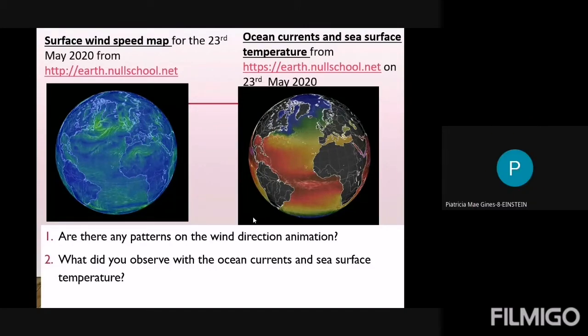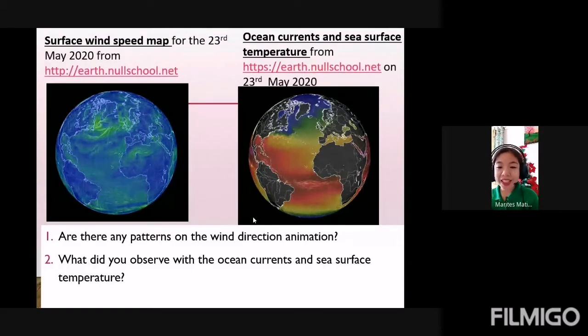What did you observe with the ocean currents and sea surface temperature? Ma'am, iba-iba po yung temperature niya every ibang part po. Thank you, Pia. So, different parts of the world have different temperature. Okay, ano pa? Saan yung medyo mas mainit na part?